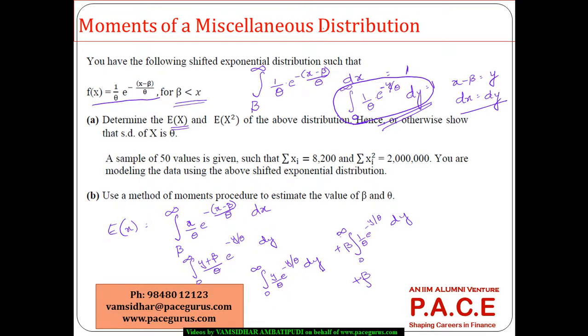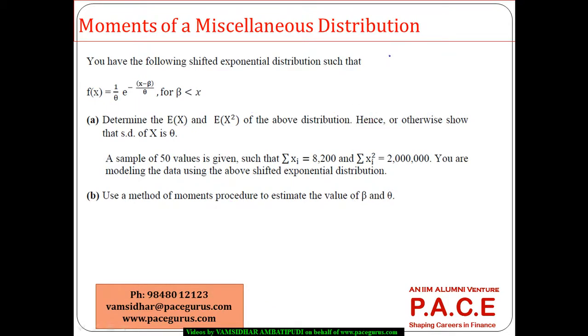Now this part I have to integrate: 0 to infinity y by theta e to the power of minus y by theta dy. Now 1 by theta I will take out because it's a constant. Now I'll do integration by parts.